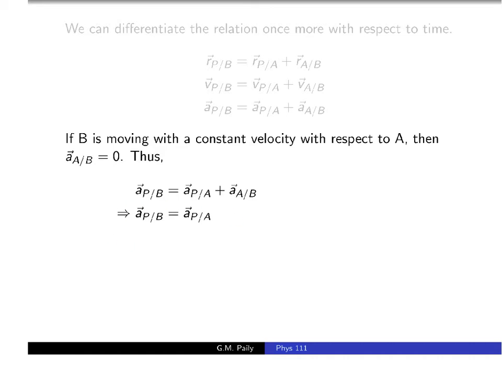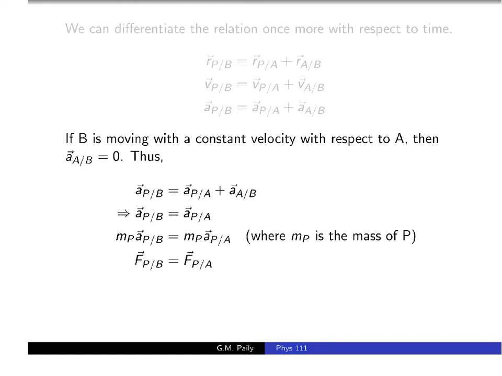What does this mean physically? It means that both B and A agree on what acceleration they observe for particle P. If we continue and multiply both sides by the mass of particle P, then they stay equal. However, we will soon see that mass times acceleration is the net force on an object.